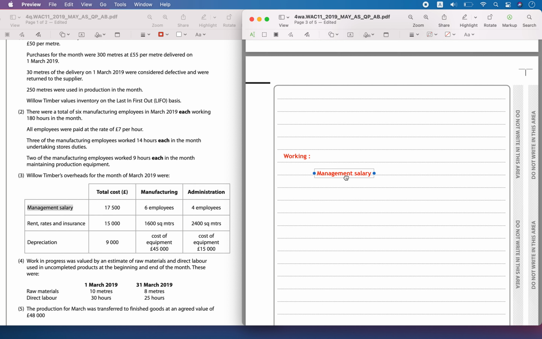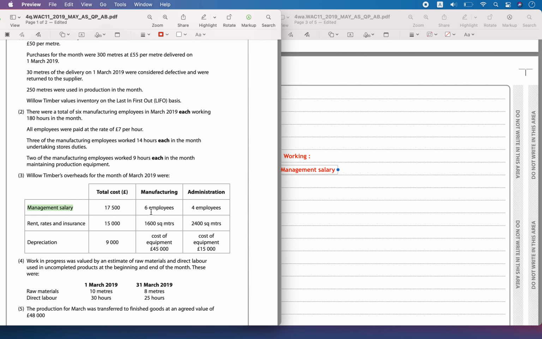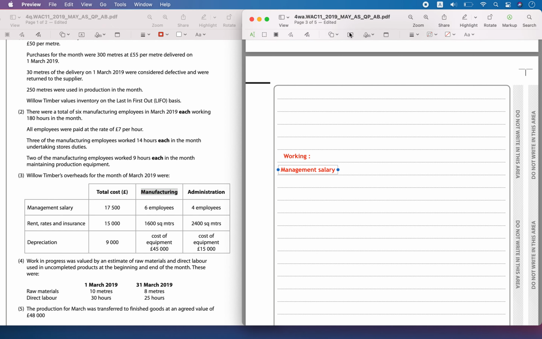For manufacturing, what is the ratio of the cost they will receive?